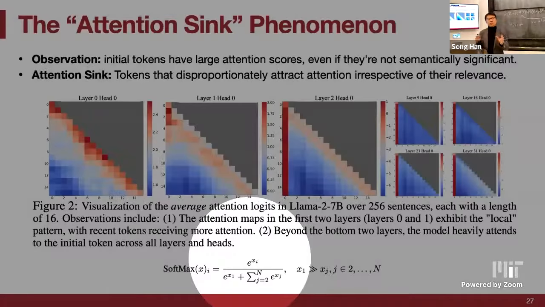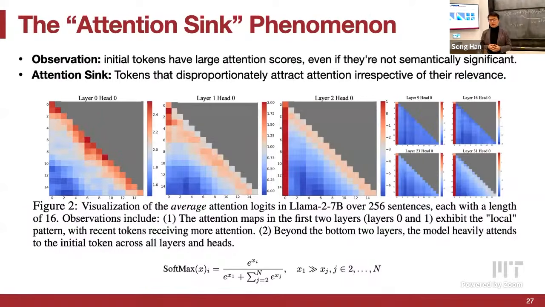Even if some of the tokens do not need to attend to anything, they still need to sum up to 1. So they need to dump the attention score onto some tokens. And the first token is globally visible due to the autoregressive nature of the generative model, right? So the model decided to dump those redundant attention scores into the first token, which is right here.